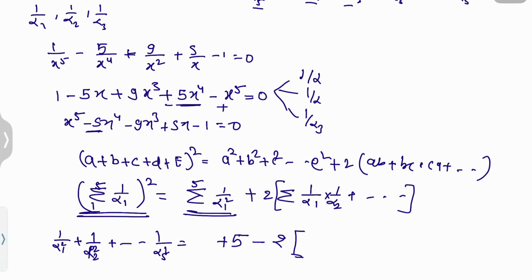And the two-at-a-time multiplication is x cube constant.